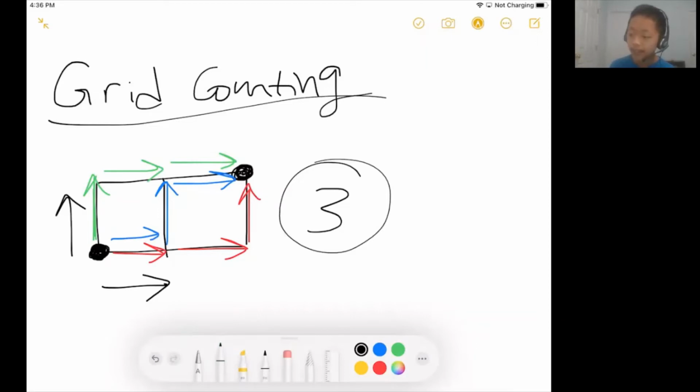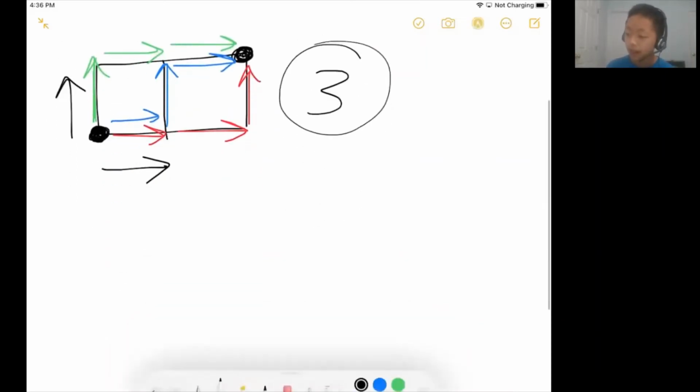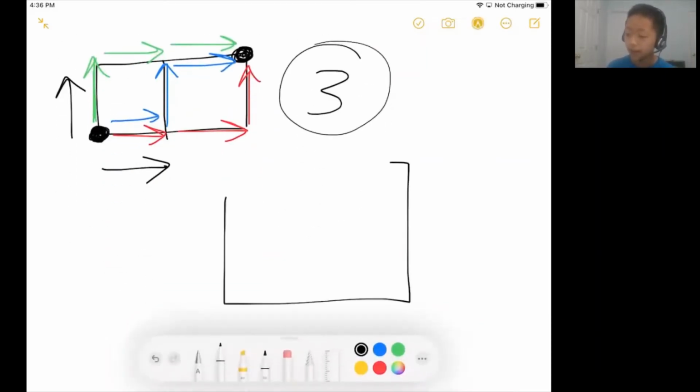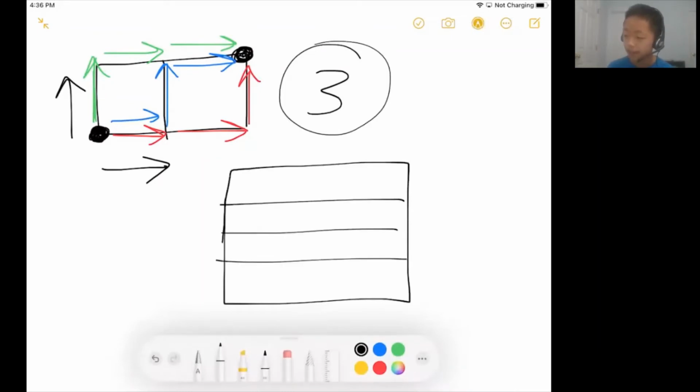In this case, the numbers are really small, so it was really easy to list all of the possibilities out. This is the very basic kind of example of what a grid counting problem would be. But once we get to larger numbers, like if we have a bigger grid, for example a 4x5 grid, we clearly cannot just list out all the possibilities for the number of ways to get from the bottom left corner to the top right corner.